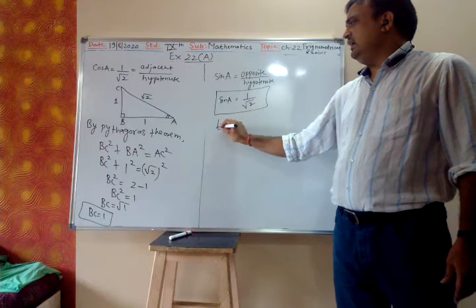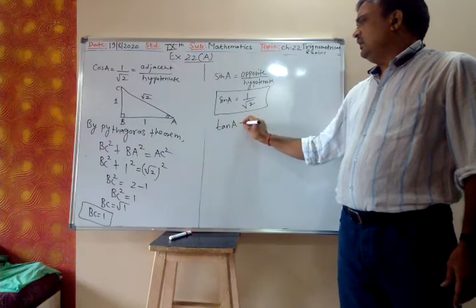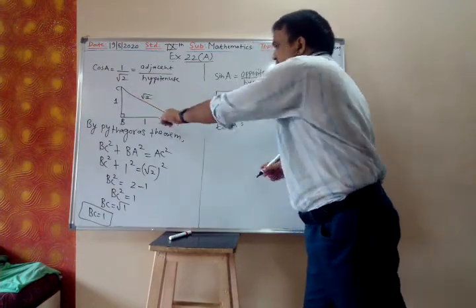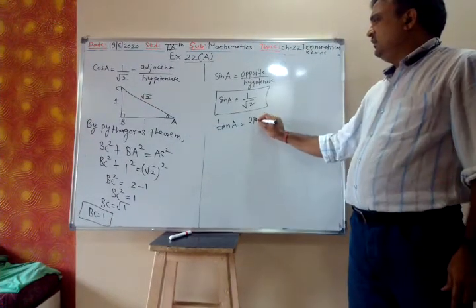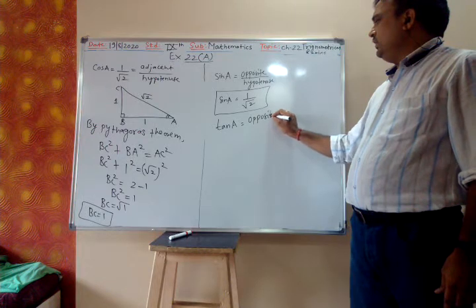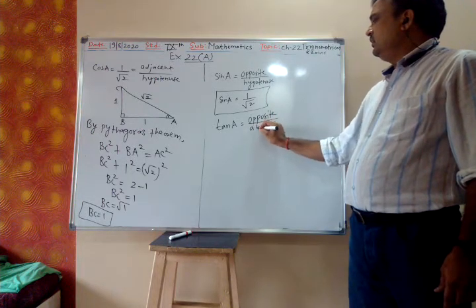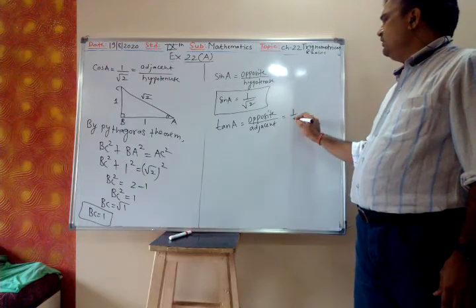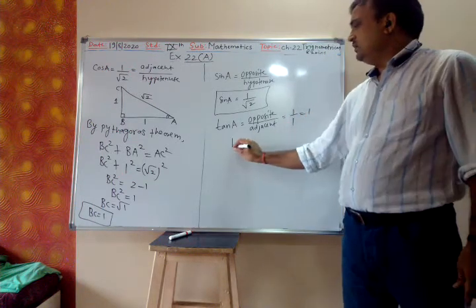Now we find tan A. So tan is opposite upon adjacent. Opposite is 1, adjacent is 1, 1 upon 1 is 1. So tan A is 1.